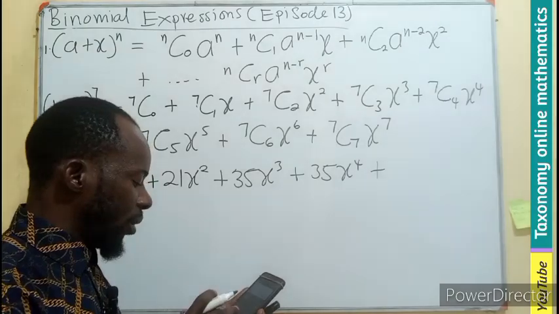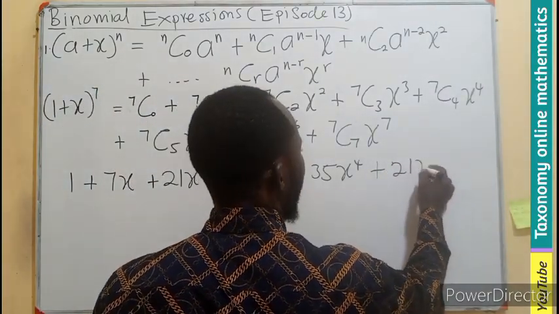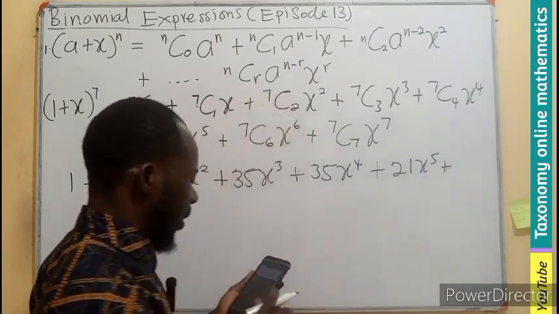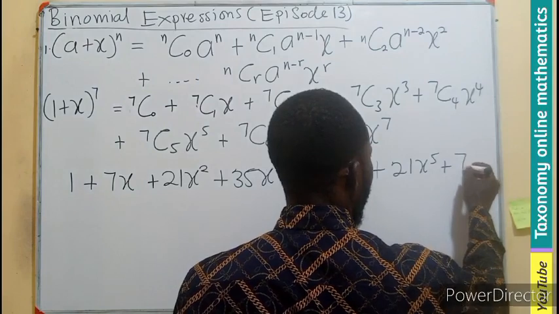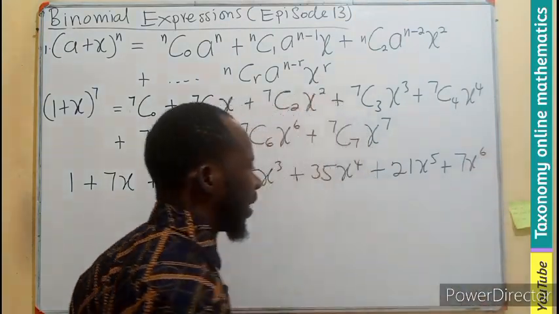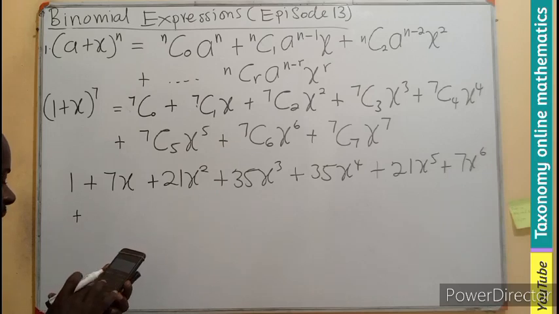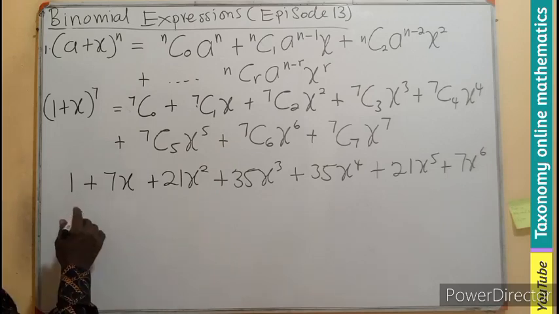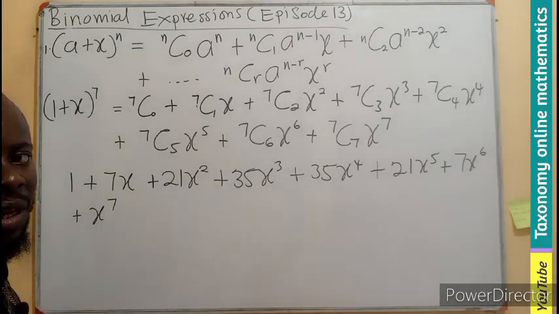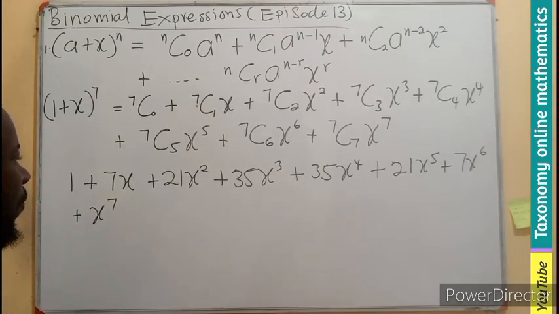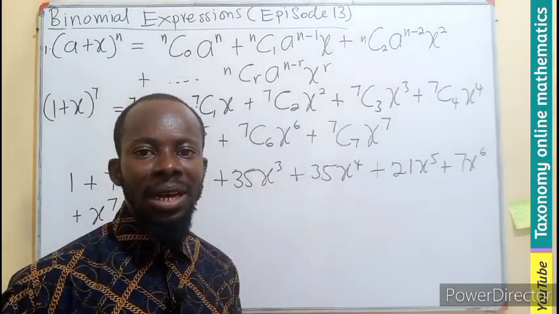Then 7C5 will be 21x to the power 5. 7C6 will give us 7x to the power 6, plus the final one, 7C7, which will be 1, so 1 times x to the power 7. So this is what you are going to get if you expand using the combination approach.